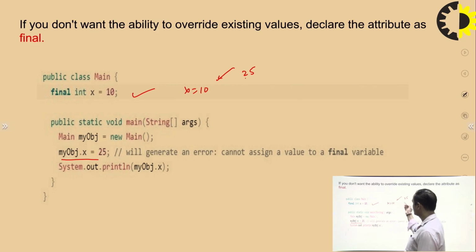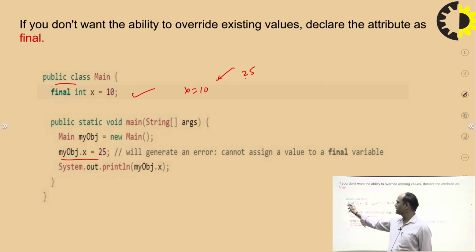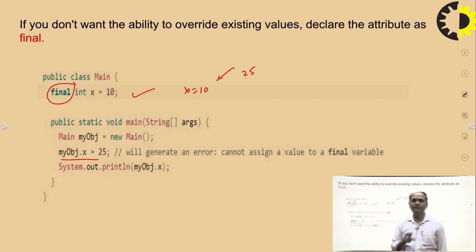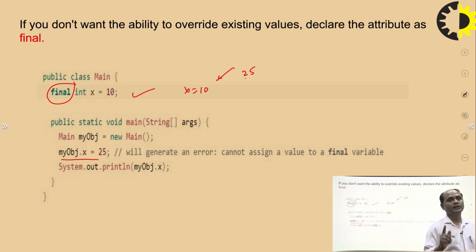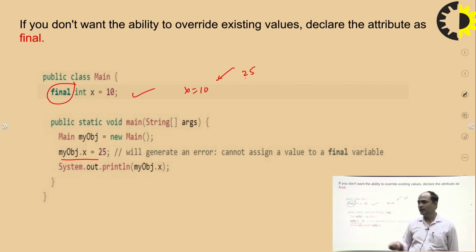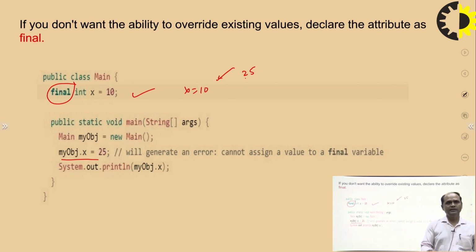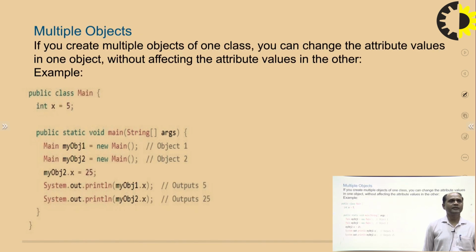But it will give an error because we used the final keyword. We cannot change that variable if we use final. If we do not use the final keyword, then you can easily modify that value. So this is the use of the final keyword.